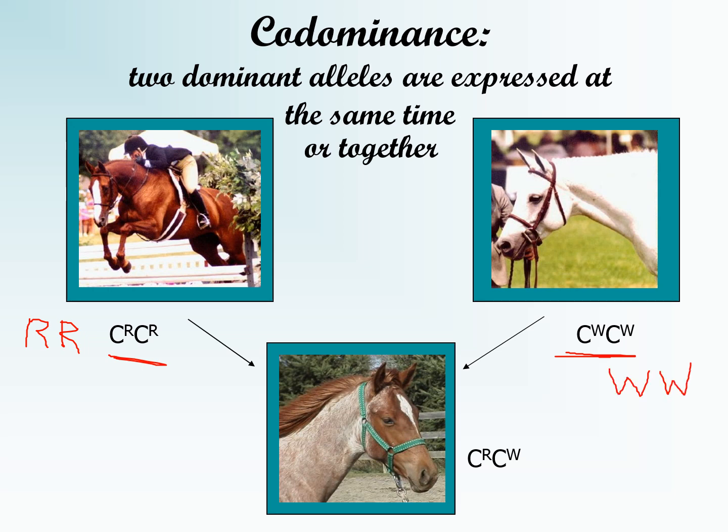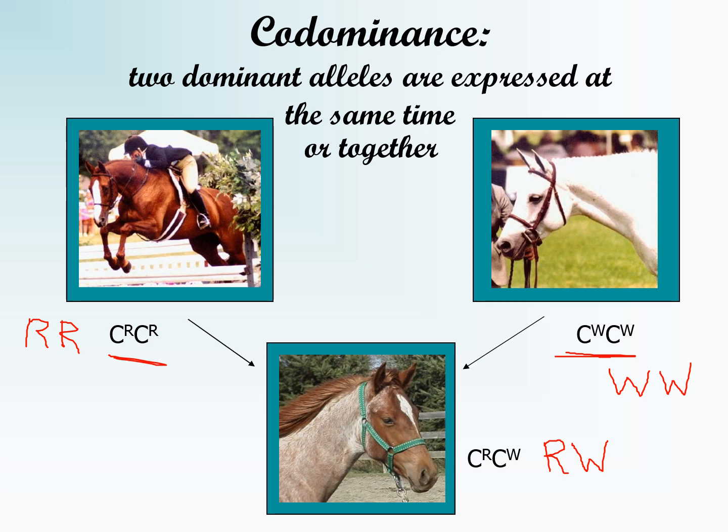If we do a monohybrid cross, the offspring horse with both colored hairs I could write as big R, big W.